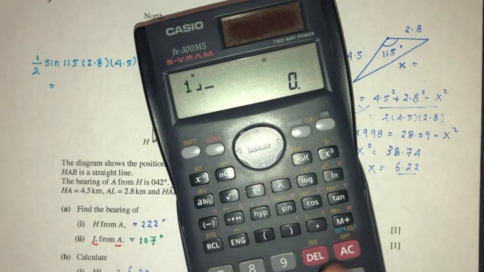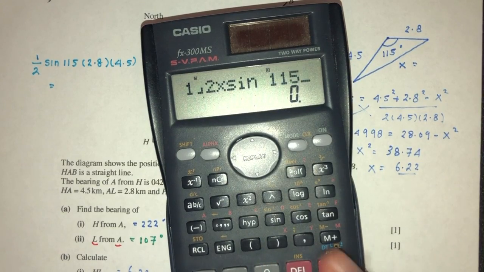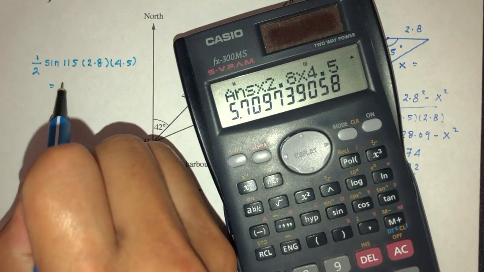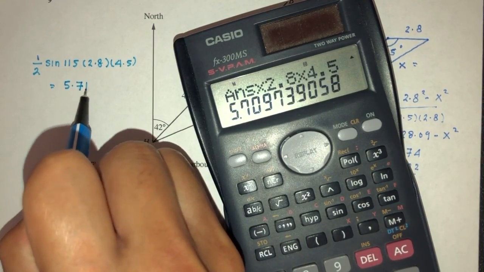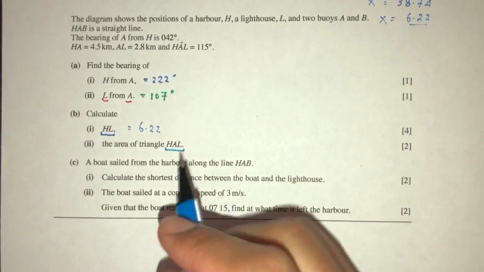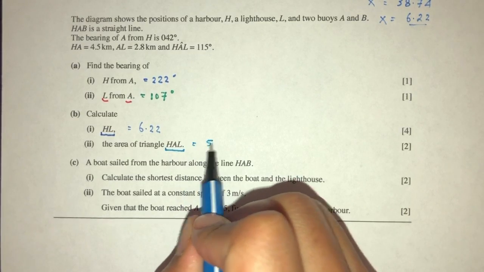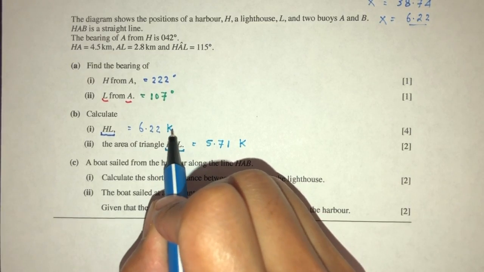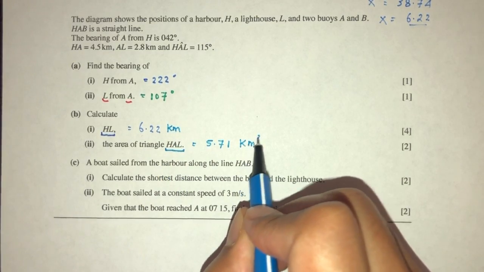So half times sine of 115 times 2.8 times 4.5. That is 5.71. So this is the area of the triangle. And of course we have to write down the units. This is km, so that will be km squared for the area.